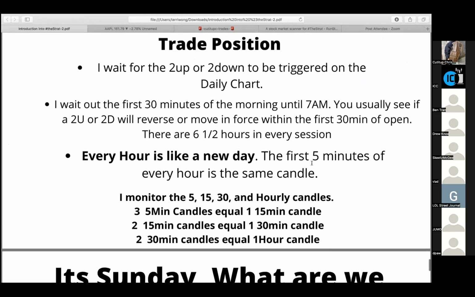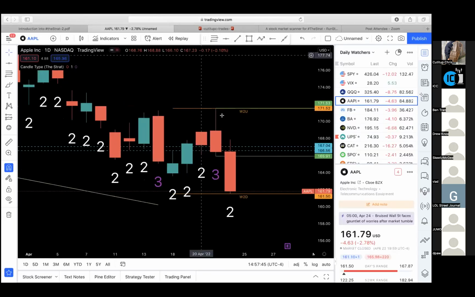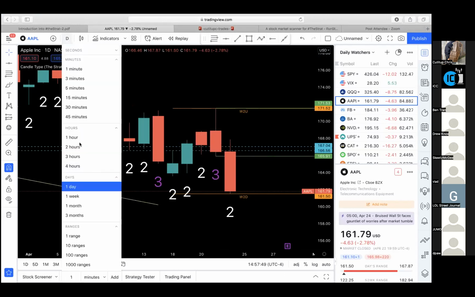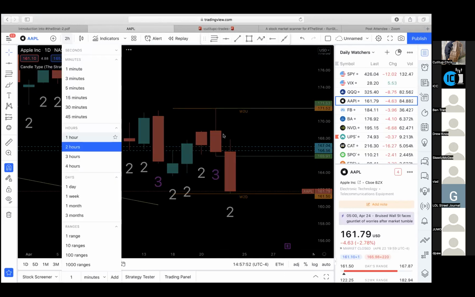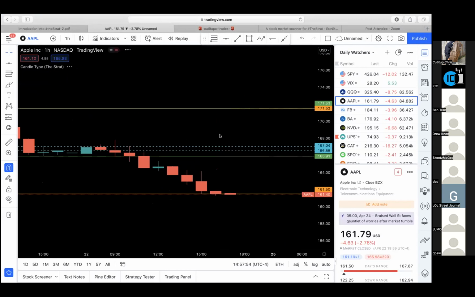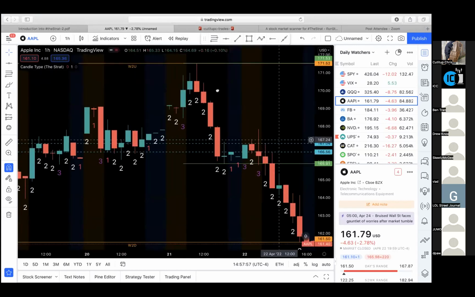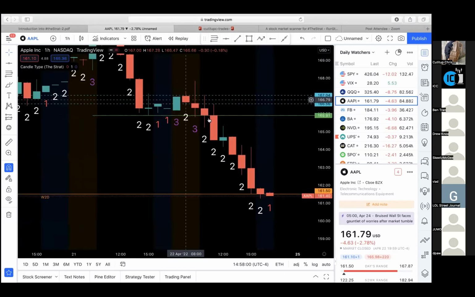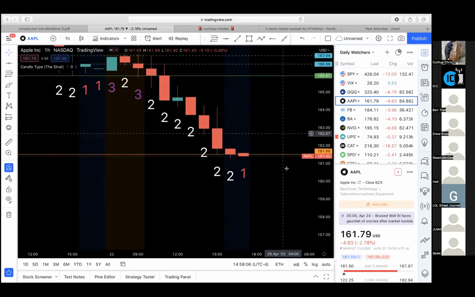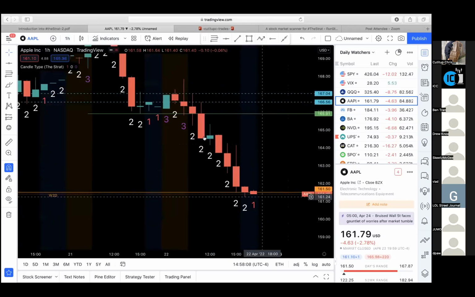Every hour is like a new day. The first 5 minutes of every hour is the same candle. What that means is that when the new hour opens up, when these new hourly candles open up, the first 5 minutes, it's better if I could show this in live time because it's hard to explain.